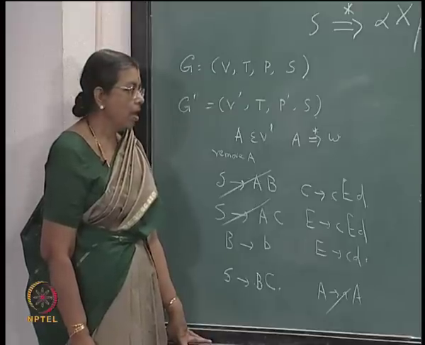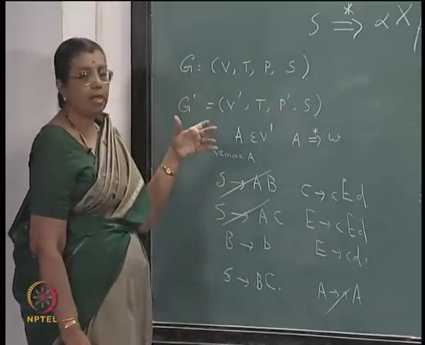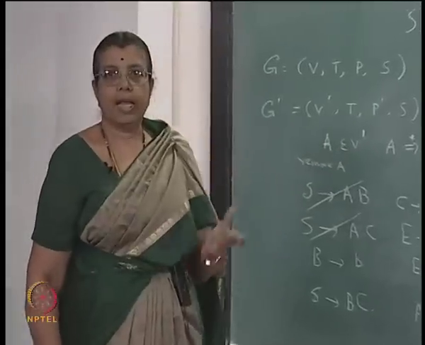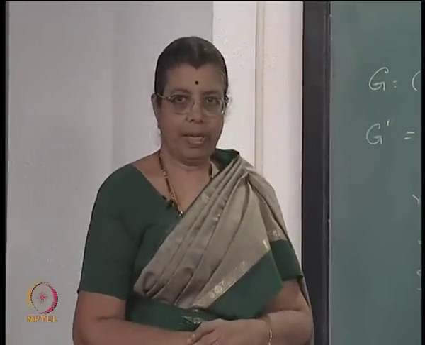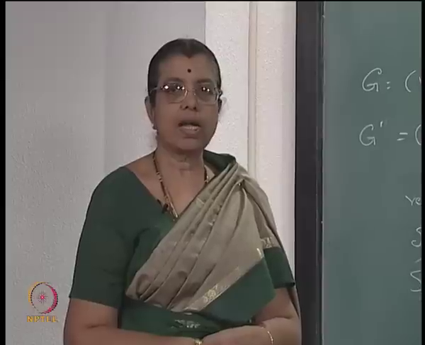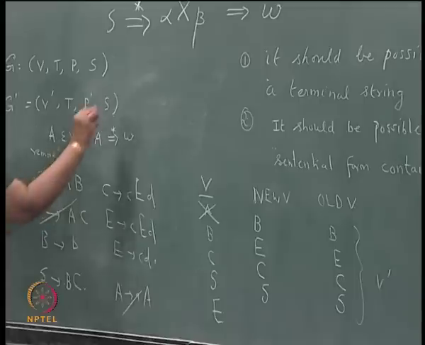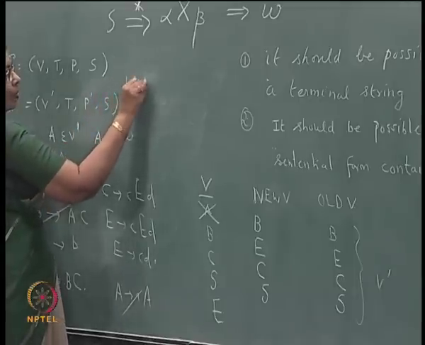Okay. So, like this from a grammar G, you must note that the language generated is not affected by this. You are only removing a symbol which is not leading to a terminal string. So, the language generated is not affected. L(G) is equivalent to L(G dash).